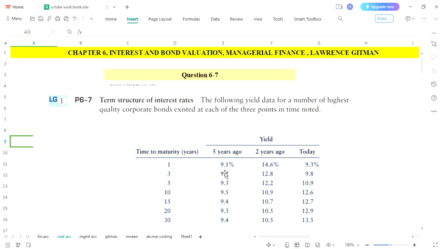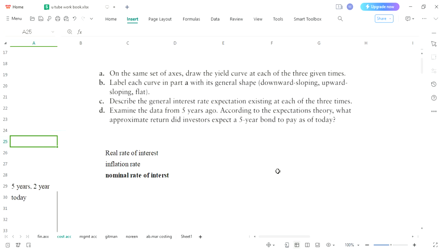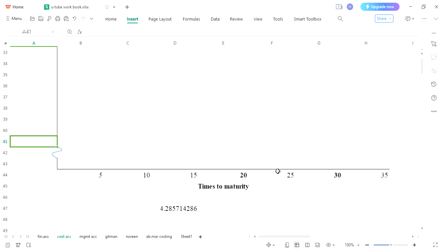Least amount is 9.1 and maximum amount is 14.6. So what you will do, you will start from 9 and you can use the distance of 0.5. So 9.5.